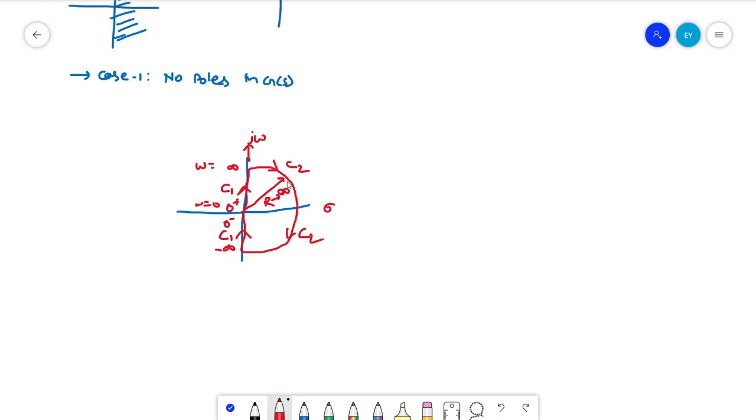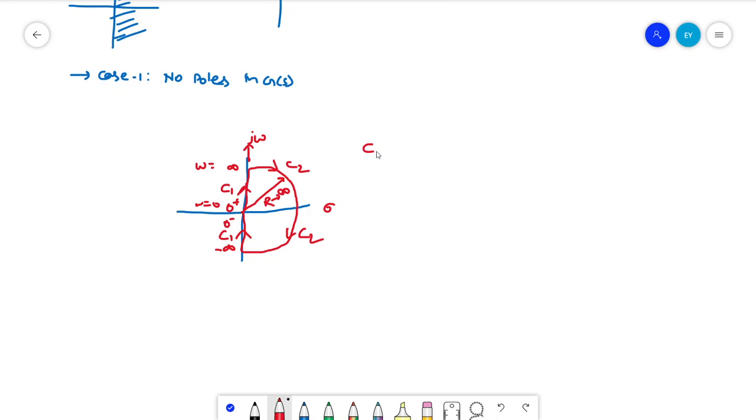Okay, C is considered in the entire right hand plane. Okay, so the direction will be clockwise direction. This is about the contour. So C1 is the line segment on the imaginary axis, and C2 is with infinite radius.